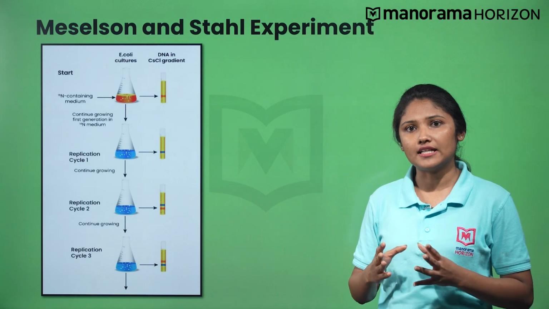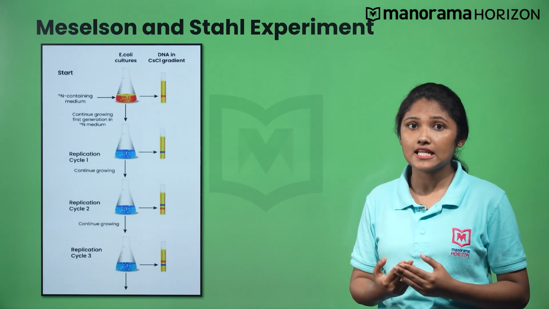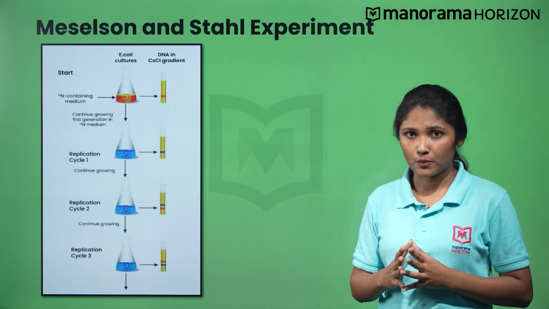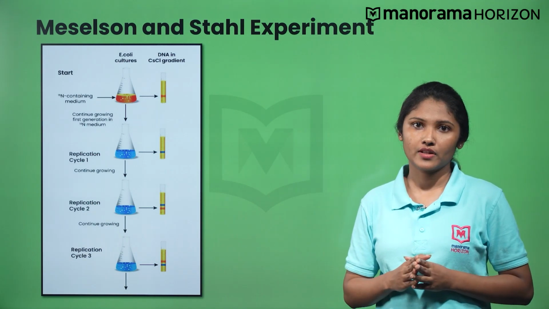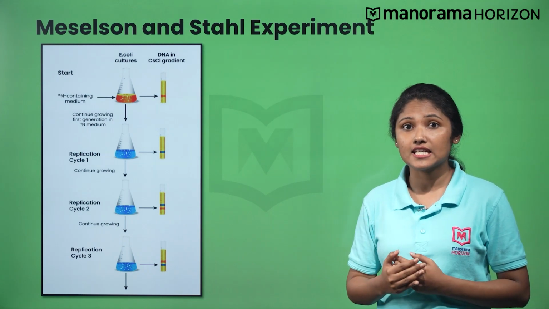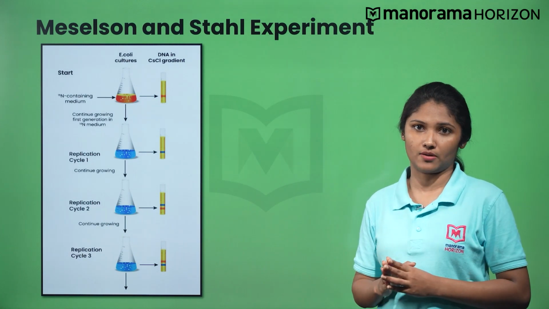Since the medium contained only N14, all the newly synthesized DNA strands were labeled with light nitrogen. However, the original strands would remain in heavy form. Meselson and Stahl then analyzed the density of the DNA by cesium chloride gradient centrifugation.